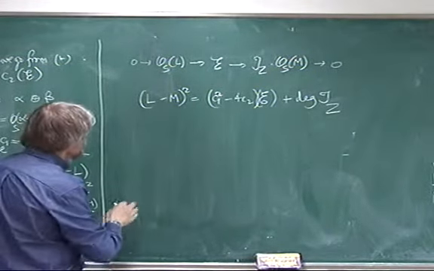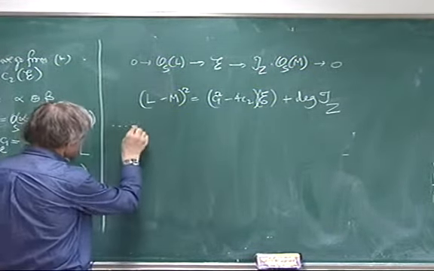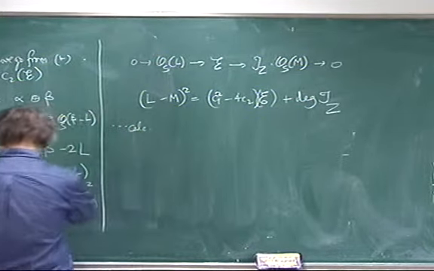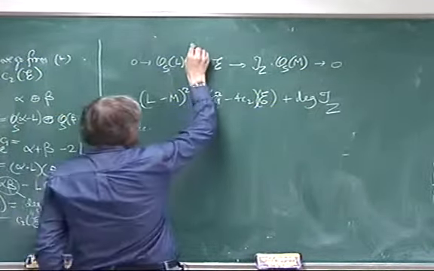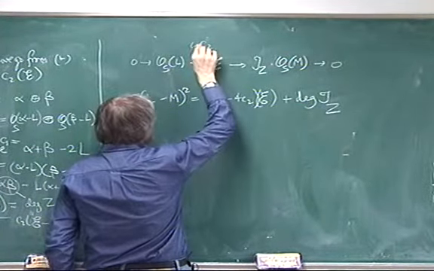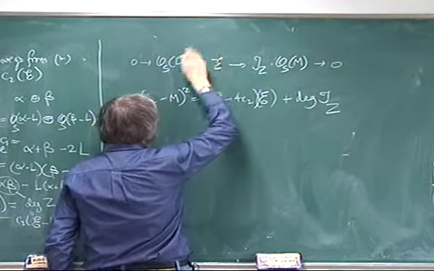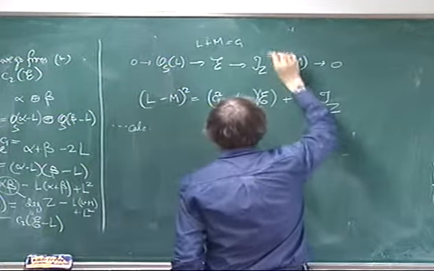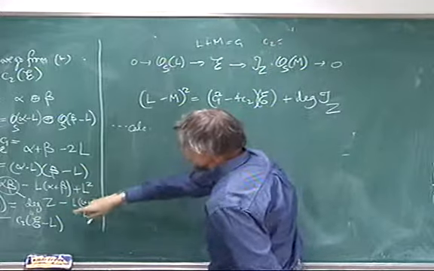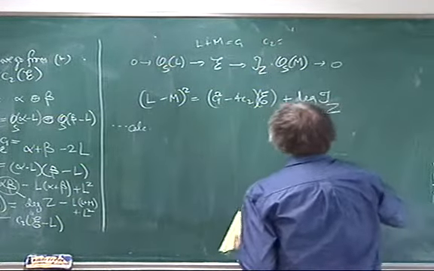This is just a calculation. Maybe I haven't said it exactly right, but it's easy to get to that using exactly the same ideas. Here L plus M is C1, and C2 is something that I calculated here, possibly slightly wrong.